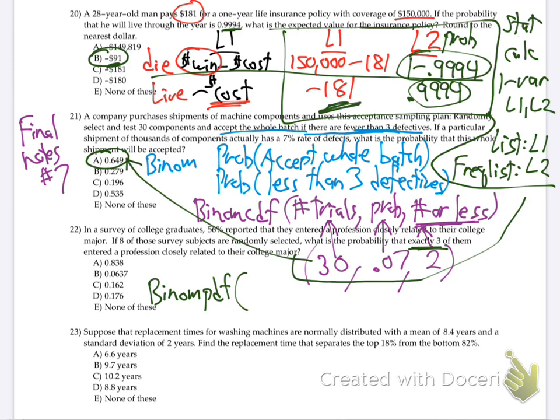Exactly 3. And so how does it go? Number of trials, probability, and then the exact number. So what's the number of trials here? 8. 8 of those are randomly selected. What's the probability each time? 0.56.